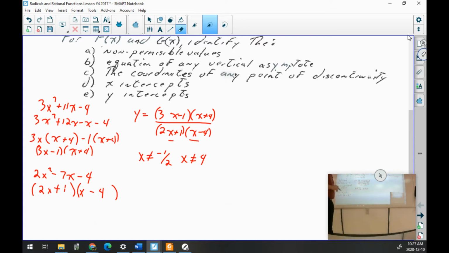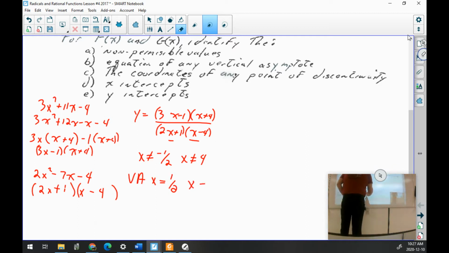Before I do any vertical asymptotes, I'm going to see if I can cross something off. Nope, I can't. So I have vertical asymptotes that x is equal to negative 1/2 and x is equal to 4. So that's my non-permissible values and these.